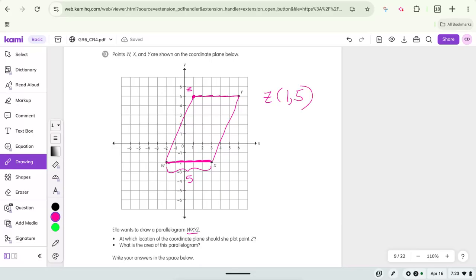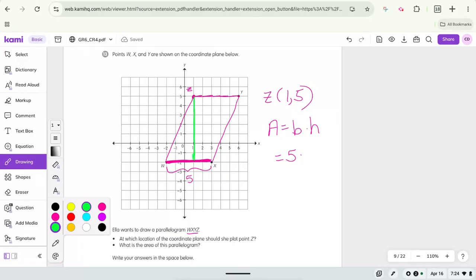Now I want to find the area of this parallelogram. And the formula for the area of a parallelogram is base times height. The base, I'll just call this the base, which is 5 units. The height is how tall it is. So let's see how tall it is. It goes all the way from the bottom to the top.